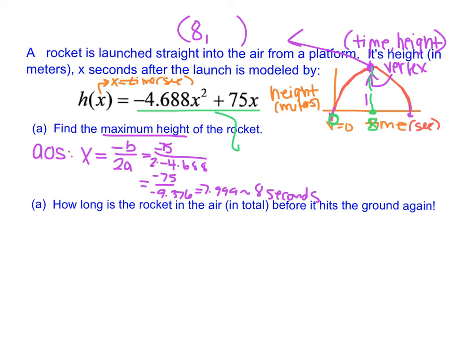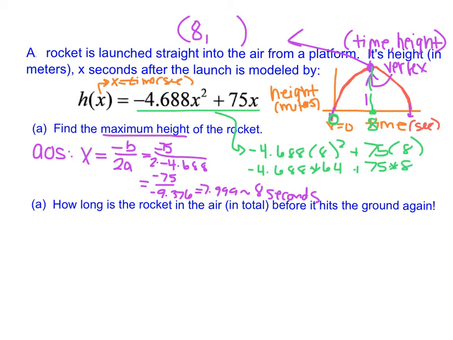So I'm just going to use this equation down here and say negative 4.688 times 8 squared plus 75 times 8. So from here, this becomes negative 4.688 times 64 plus 75 times 8.